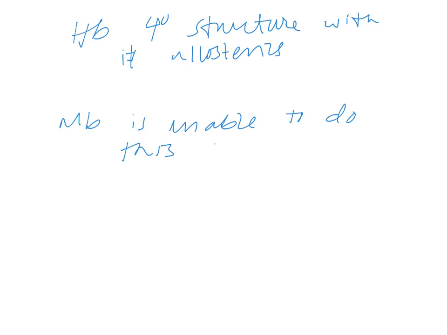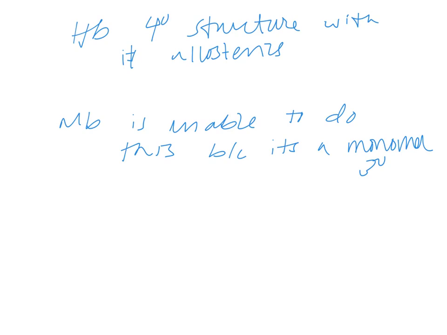It's unable to do this because its highest level of protein structure is a monomeric tertiary structure. So hopefully throughout this video you've been able to add that last little piece of the puzzle as to why hemoglobin is so much better than myoglobin at being able to transport oxygen through the bloodstream.